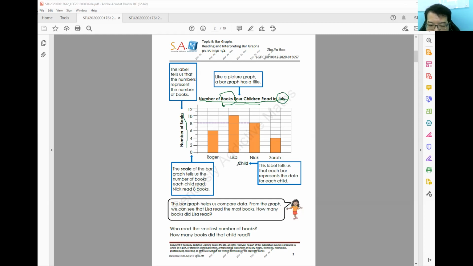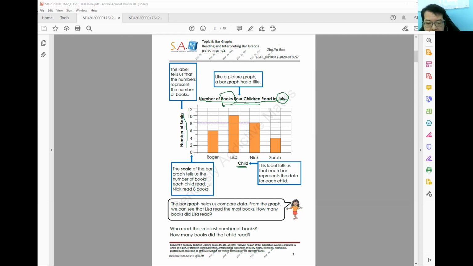And then if you look at this side here, child, this is the label that tells us each bar represents the data for each child, because these are all children. Roger is a child, Lisa is a child, Nick is a child, Sarah is a child. So it's just a label. And of course, not to forget the scale. The scale of the bar graph tells us the number of books each child read. So Nick has read 8 books.